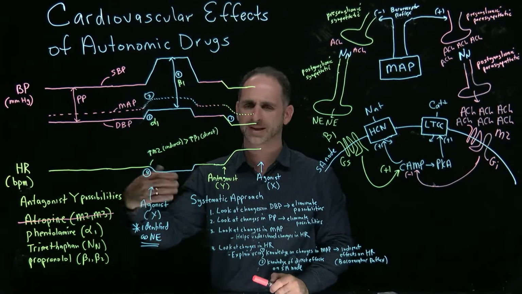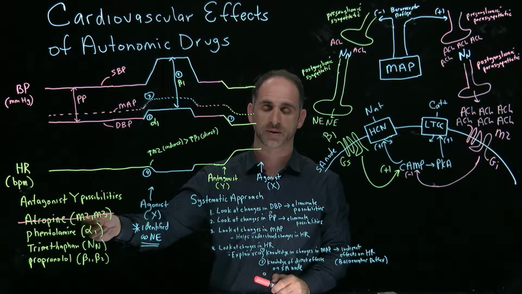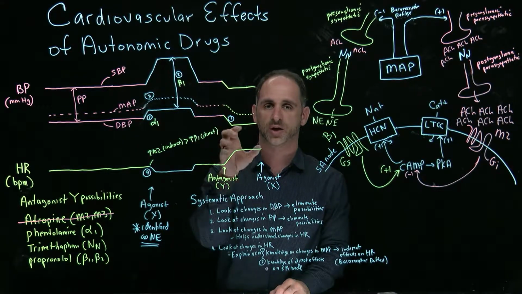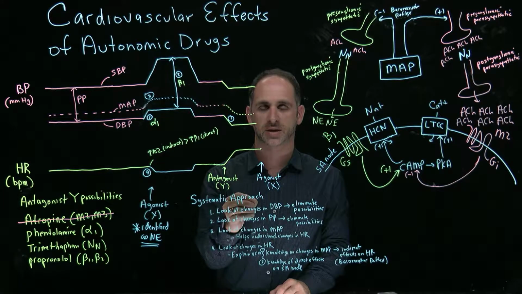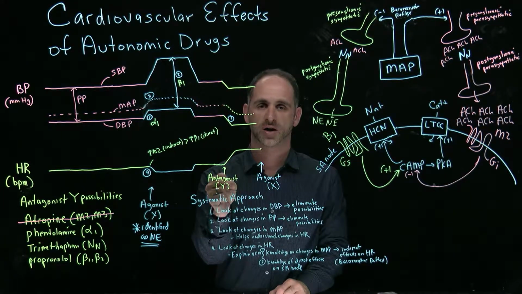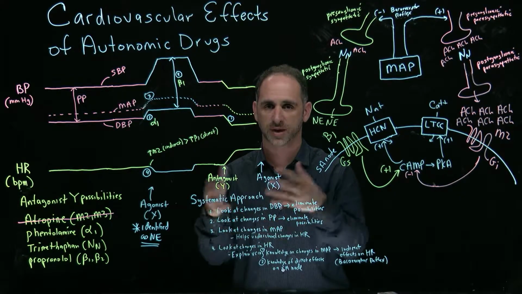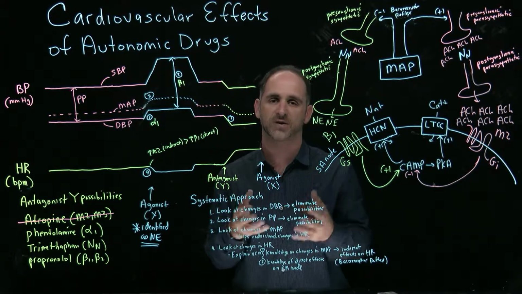Now we go to phentolamine. In this case, alpha 1 antagonism is what we're going to be thinking about. Remember, alpha 1 receptors are on the vasculature, on the smooth muscle, coupled to Gq, they increase calcium, they cause vasoconstriction, increasing SVR, increasing diastolic blood pressure. Normally we have sympathetic tone to the blood vessels, and there's some constriction of the blood vessels naturally to give us our resting SVR.